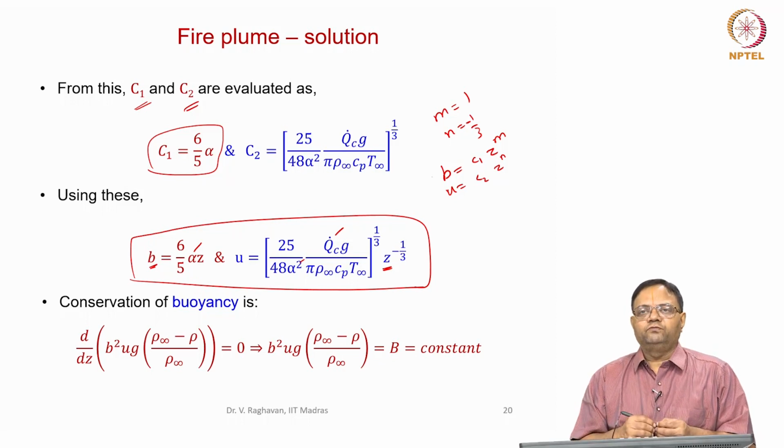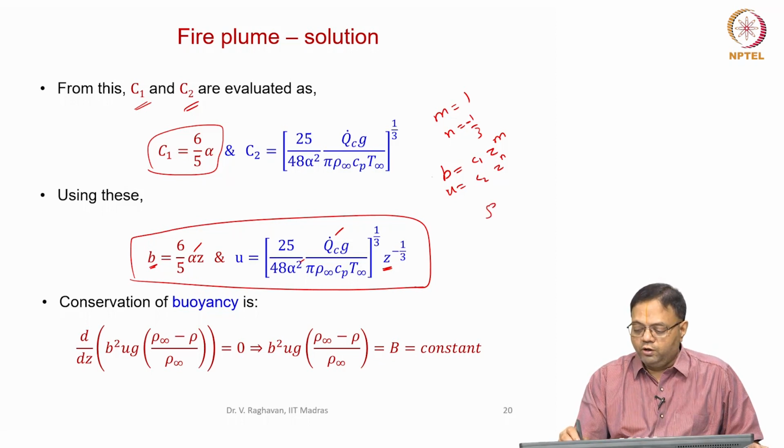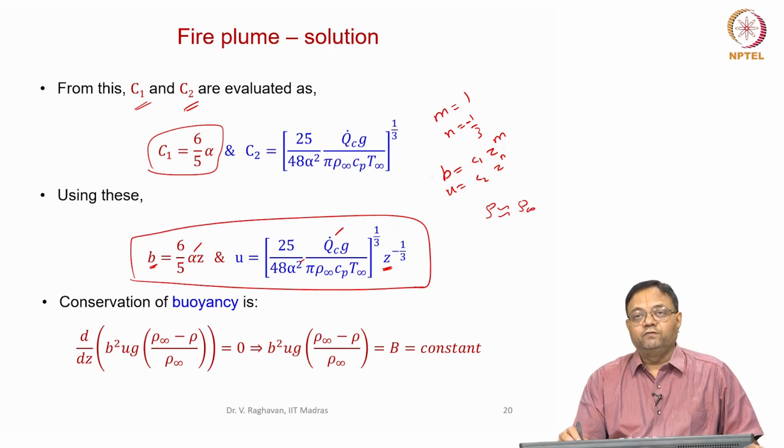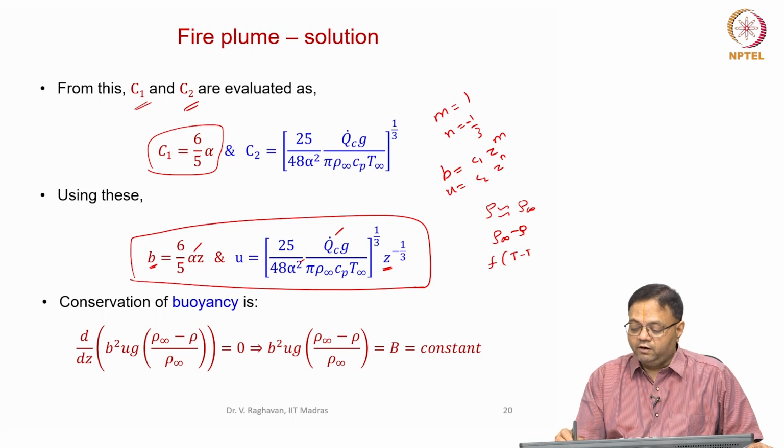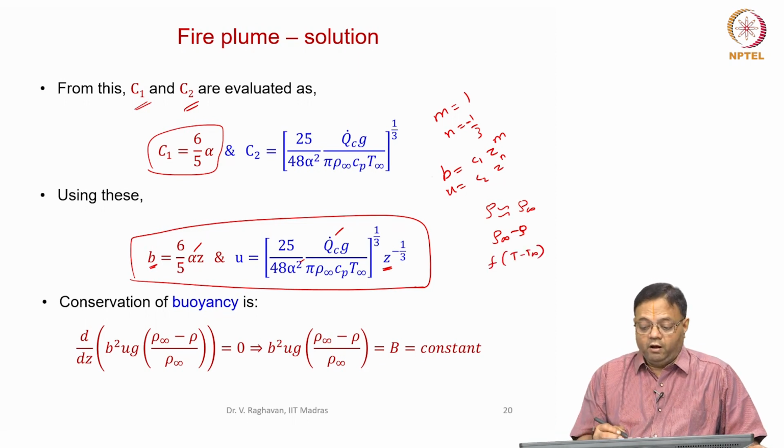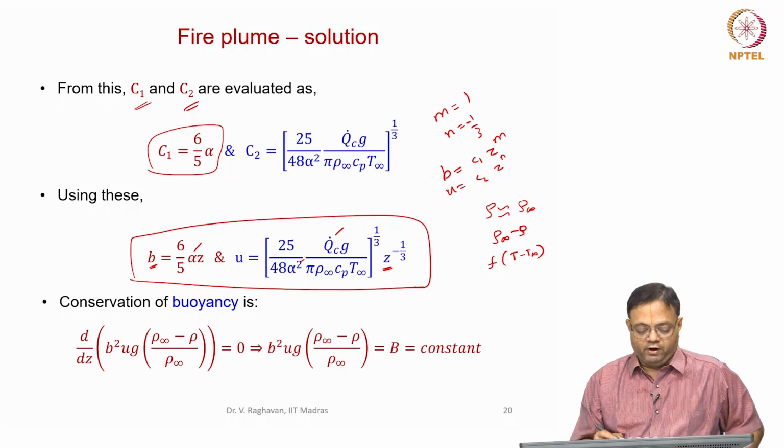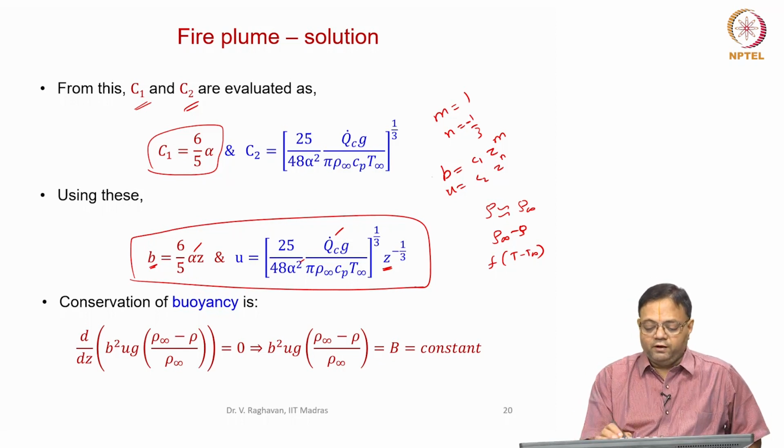There are a lot of simplifications, like rho is approximately taken as rho infinity in this equation, but only for the buoyancy force we have taken the temperature difference, that is, rho infinity minus rho is a function of T minus T infinity. Second, the Gaussian profile is not taken into account; we have taken the top hat profile and so on. So, now these are the expressions I get.